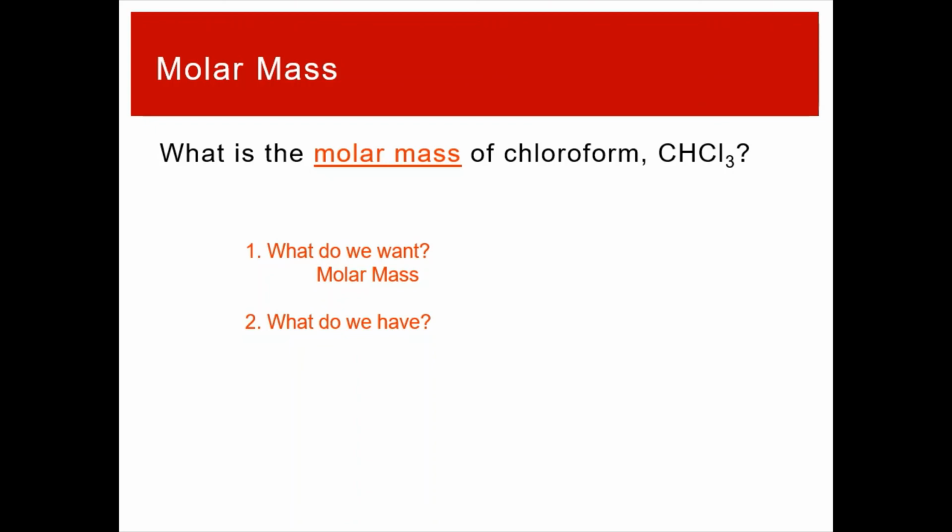What we need for it is the molecular formula. We can take that molecular formula, and again, we can look up the masses for the individual atoms on the periodic table and use those. So we're going to look for these atomic molar masses on the periodic table.